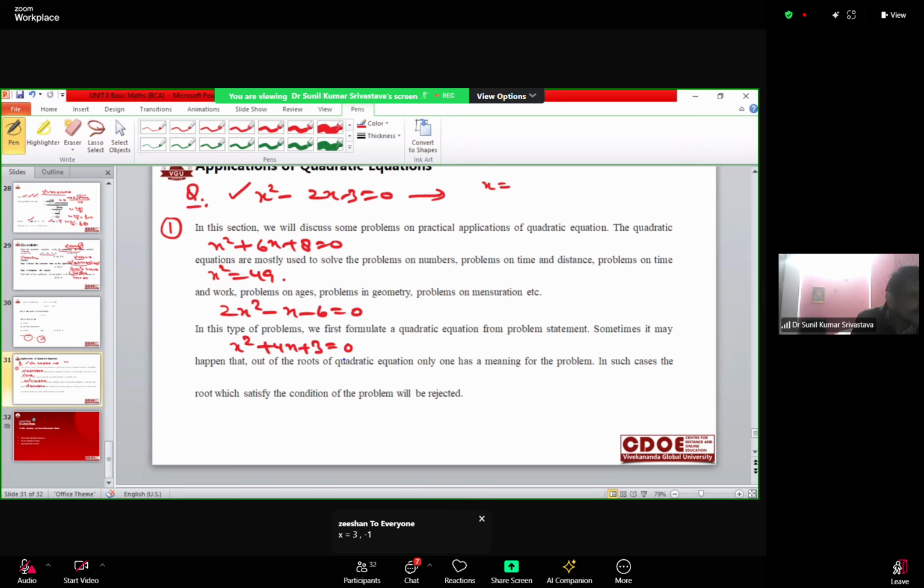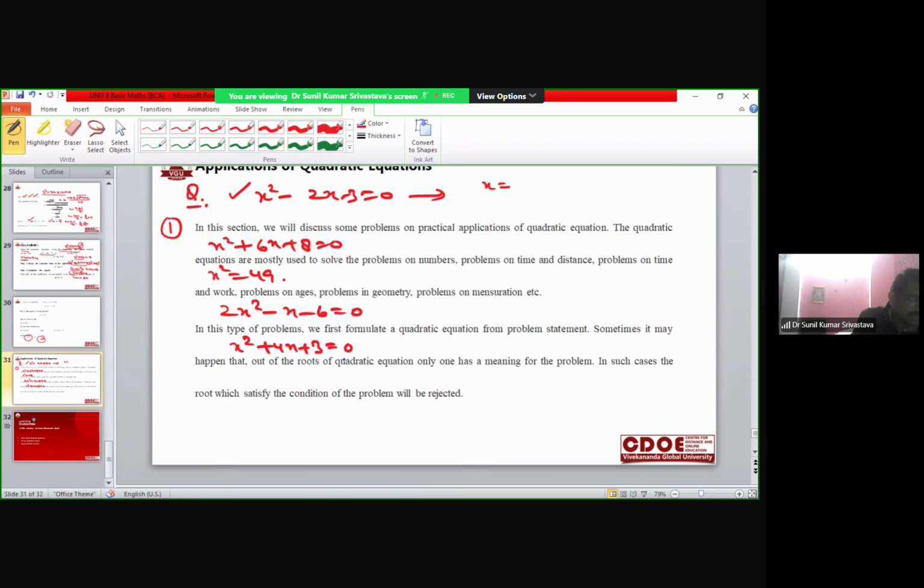All these equations must be solved by the quadratic formula, by the completing the square method, and by the factorization method also. So as you wish, any one question can be solved by any of the three methods. Also x square plus 3x plus 2 is equal to 0.